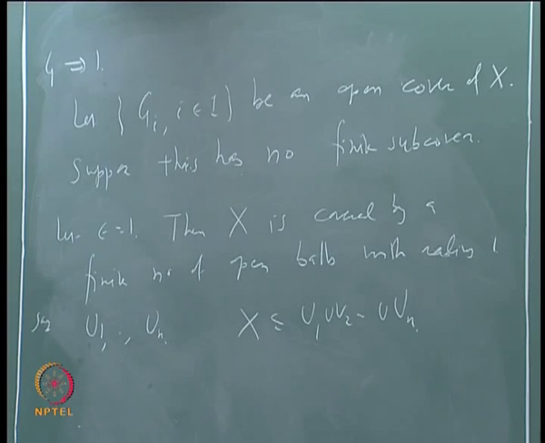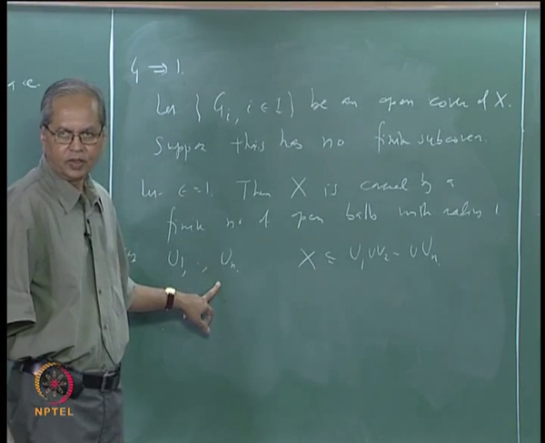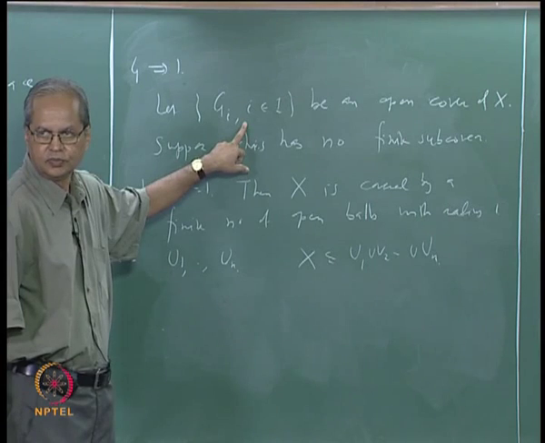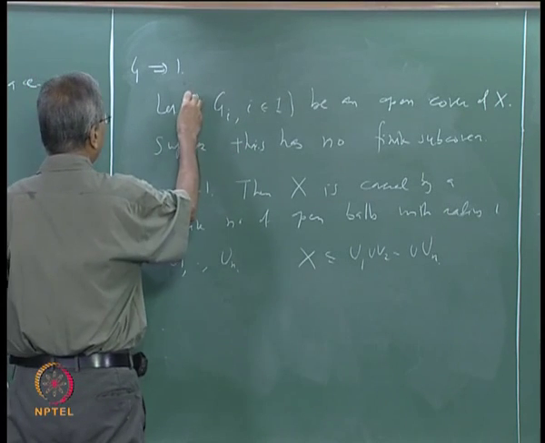Now the next step is crucial, okay. Suppose it so happens that each of these balls u1, u2, un has a finite subcover from this. Let us give some notation for this because we are going to use it again and again.